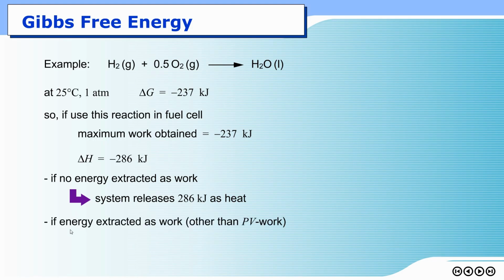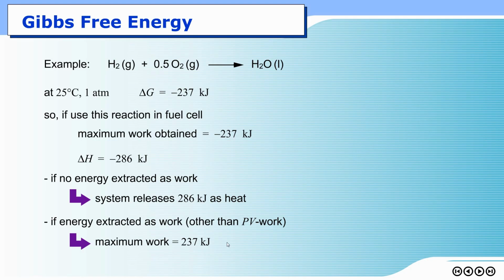But if we extract electrons out of the fuel cell, the amount of work extracted is supposed to be equal to delta G, which is 237 kilojoule. And you can notice that these two numbers are not the same. If you extract it as heat, you get 286. If you extract it as work, you can get only 237 kilojoule.